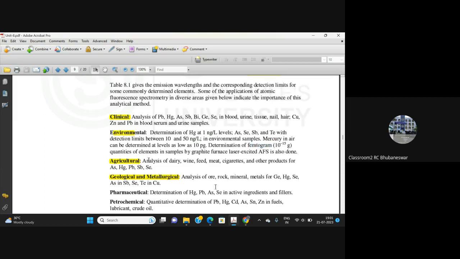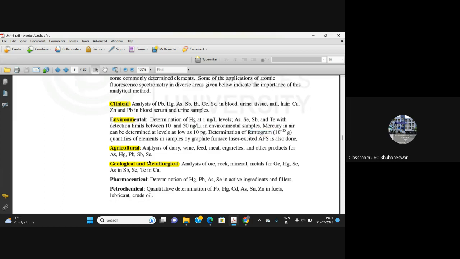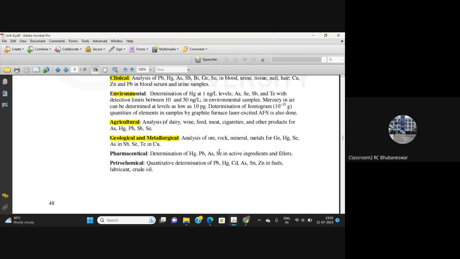So as far as the agricultural point of view is concerned, analysis of dairy, wine, feed, meat, cigarettes, and other products can be done if you want to study the elemental analysis in those things. Then geological and metallurgical aspects: analysis of ore, rock, mineral.